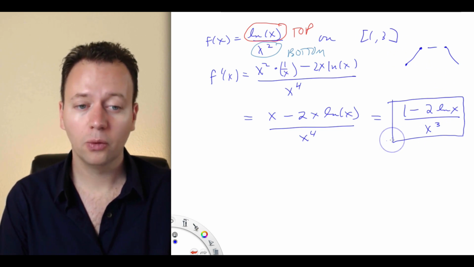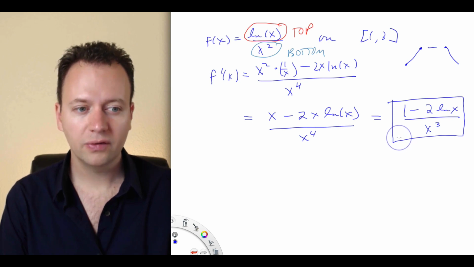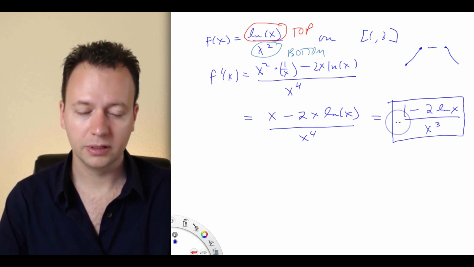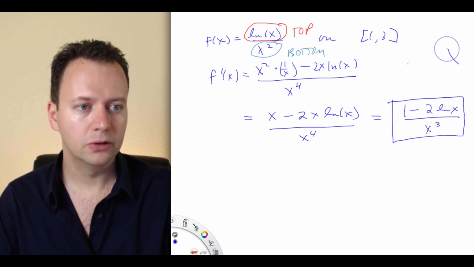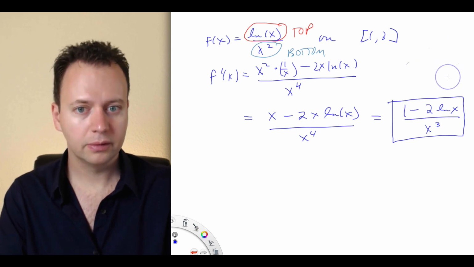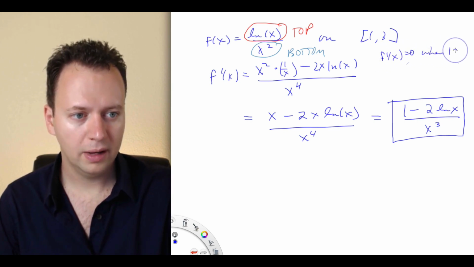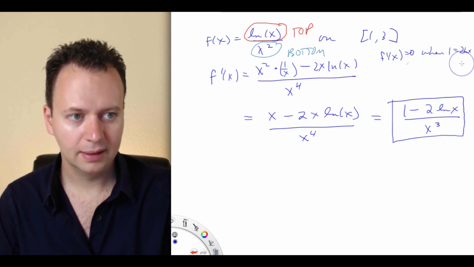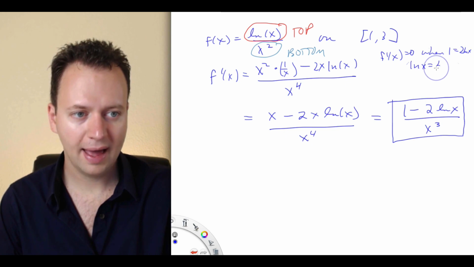So we're looking for when the derivative is equal to 0, because those are our critical points. So the derivative is equal to 0 when the numerator is equal to 0. So f prime of x is equal to 0 when 1 is equal to 2 ln of x, or when ln of x is equal to 1/2, or x is equal to e to the 1/2.